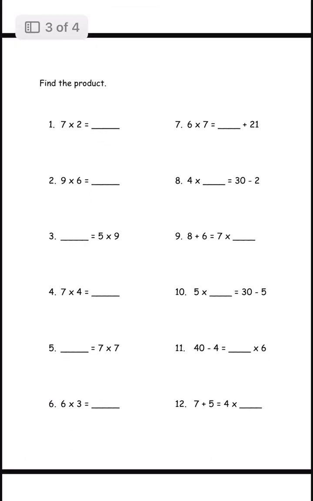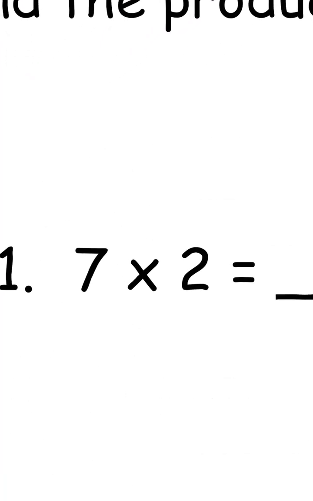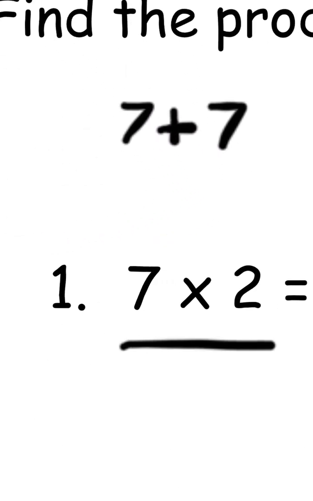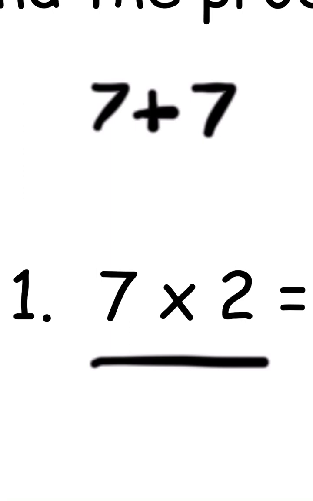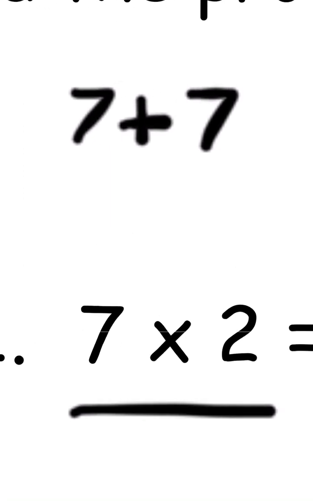For this page, we need to find the product. Let's look at number 1. For number 1, we have 7 times 2. It can be 7 plus 7. We can choose any number first. If we write 7, then we need to add that 2 times, since the other number is 2.